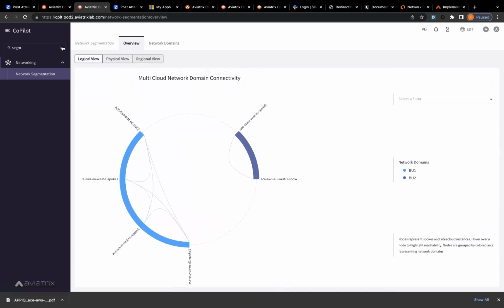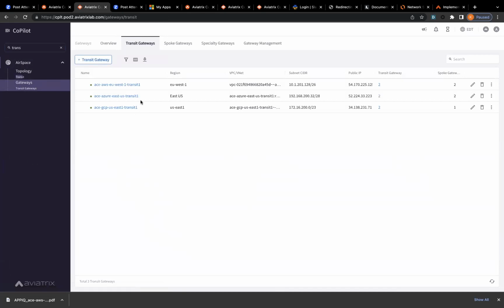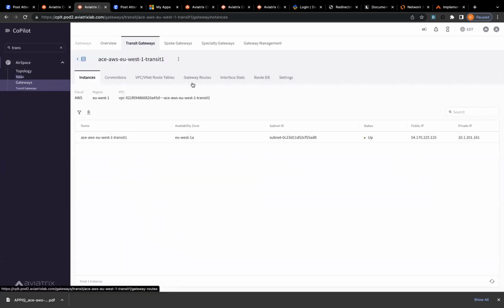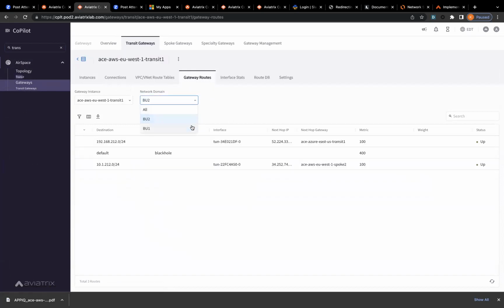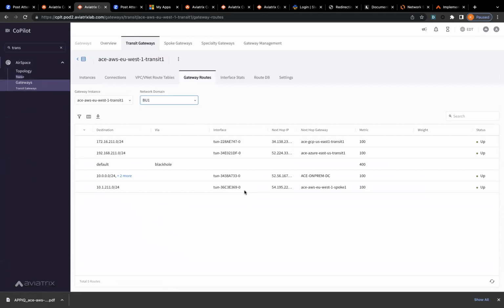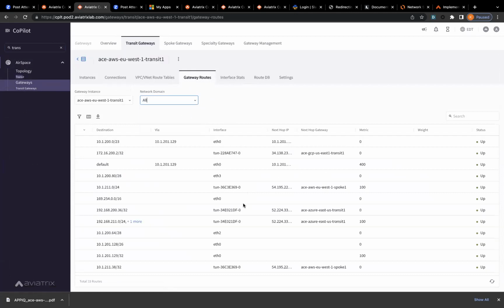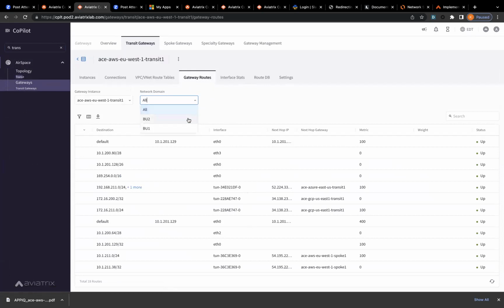The other thing, just to show you the other stuff, if you go to transit gateways, I think this is a good one to note. If you go to any transit gateway and you look at the gateway routes, you're able to see the full routing table, but you can also zoom in into that VRF's routing table. So you can look at that in particular or look at the full routing table.